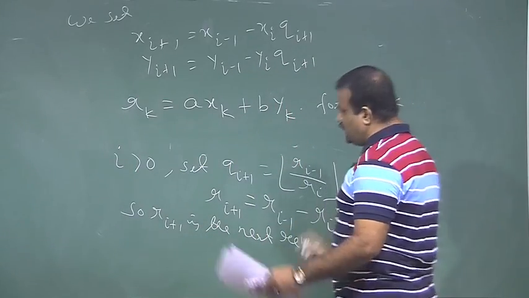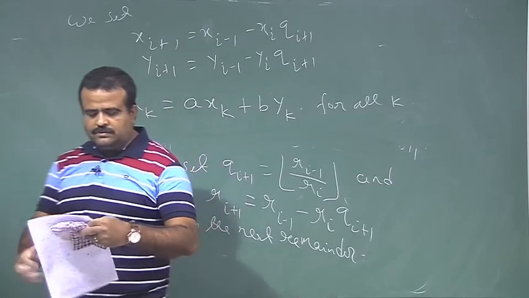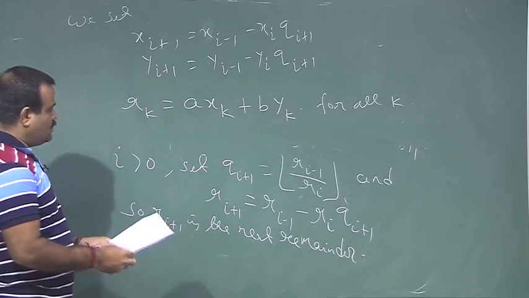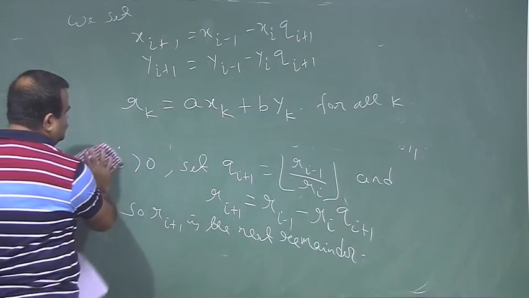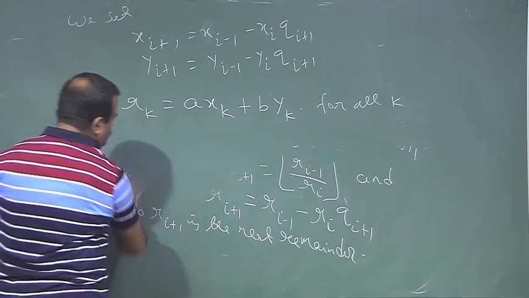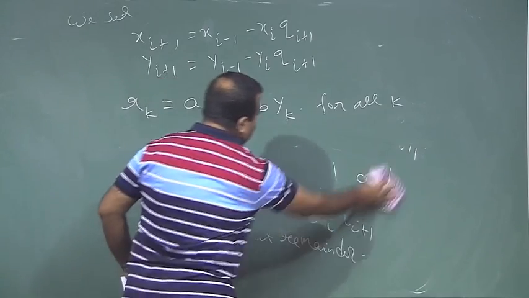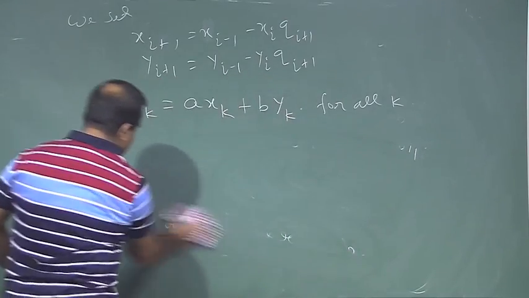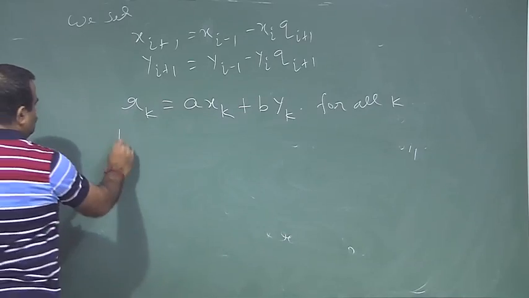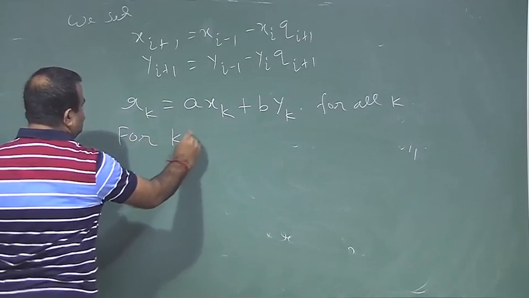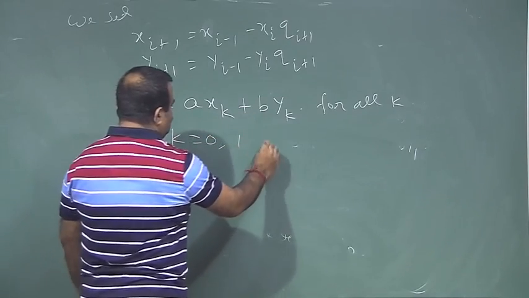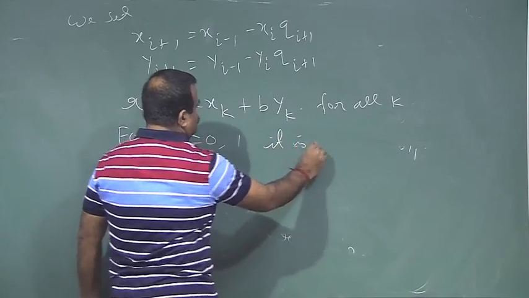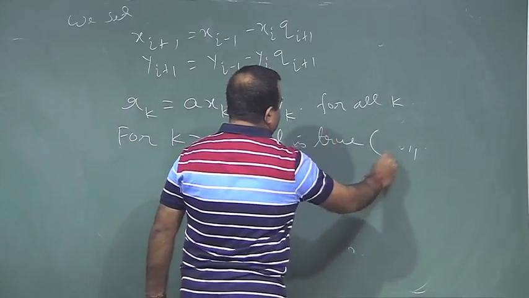This we have to prove by induction. For k equal to 0 and 1, this is true, because that was the base case. Now, we will prove this by induction. For k equal to 0 and 1, it is true, and this is the base case.